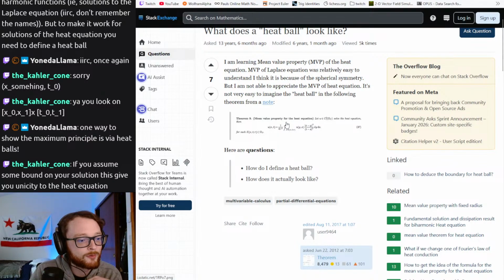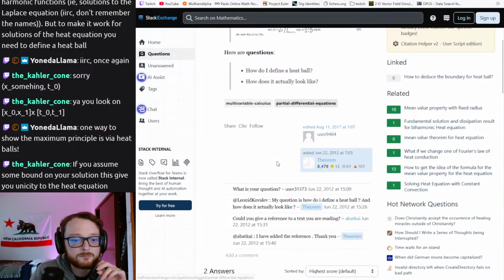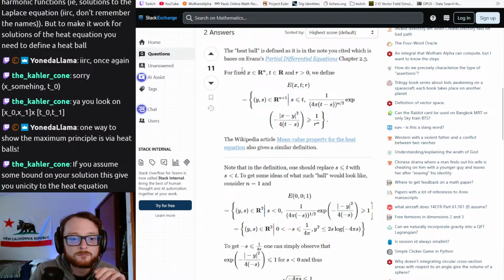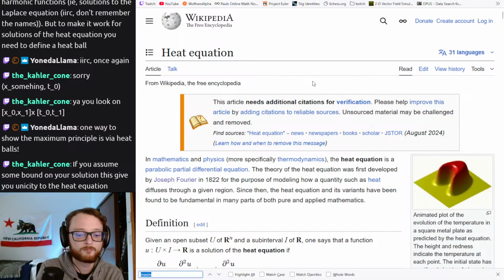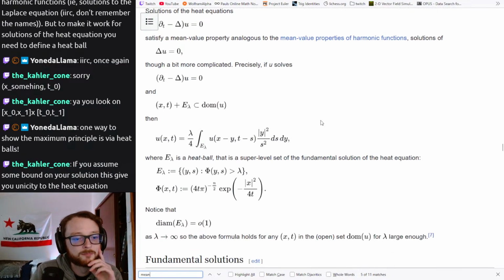Assume some bound on your solution. This gives you uniqueness for the heat equation. Hmm. Here we go.